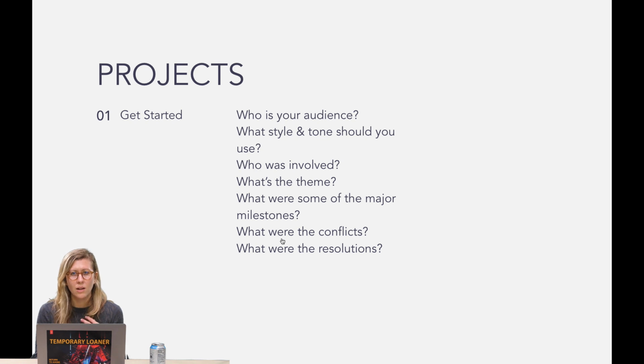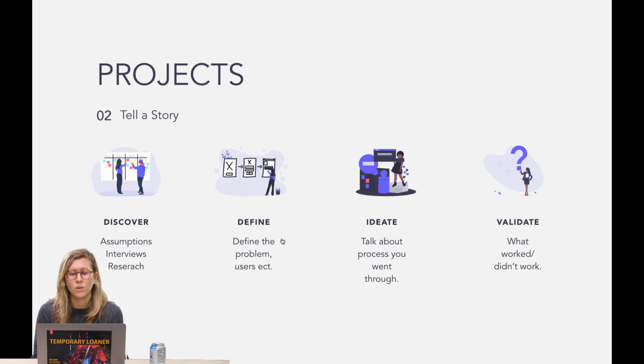What is the style I want to go for, who was involved in the project, what's the theme, any major milestones, conflicts and resolutions. So just getting stuff out on paper so I can start to formulate a cohesive story. And then the next step would be to really focus on what that story is.